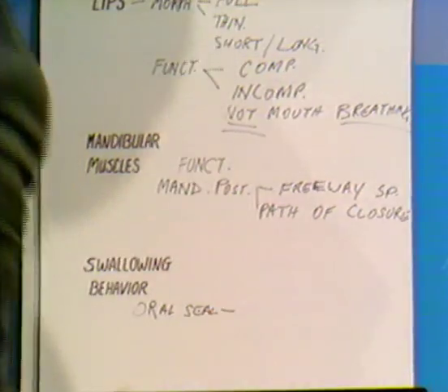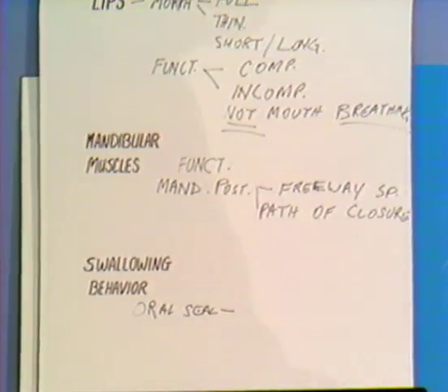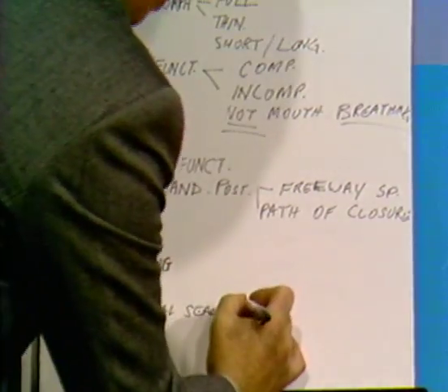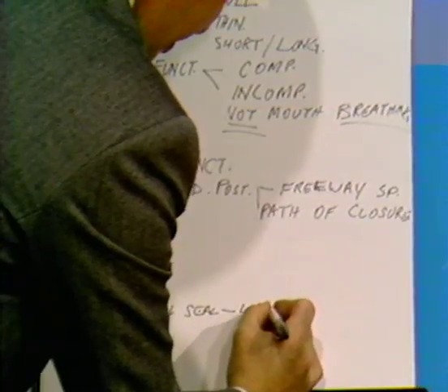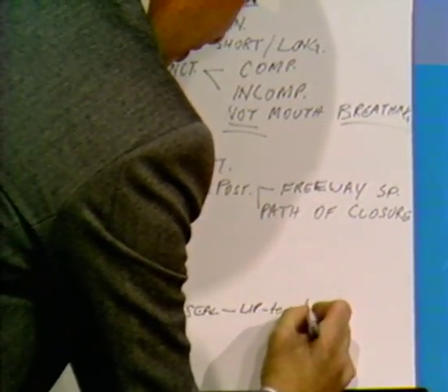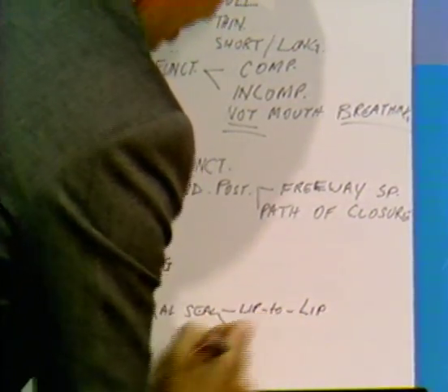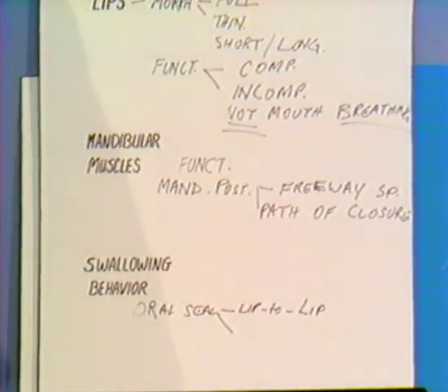which may be simply with the lips coming into contact. In other words, it may be a lip-to-lip seal, or the tongue may be involved as well, so that the tip of the tongue comes over the lower incisor teeth, comes between the upper and lower teeth, which are now separated. In other words, the teeth are apart, and the tip of the tongue contacts the inner aspect of the lower lip.